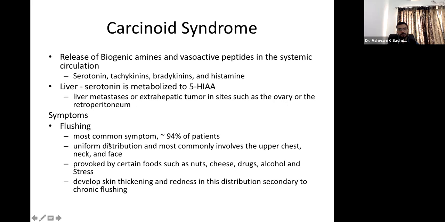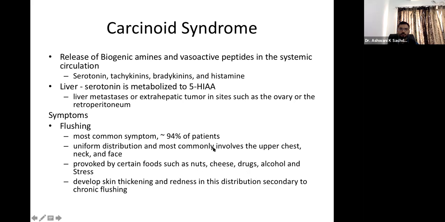So the various symptoms: flushing is the most common symptom. It is seen in about 94% of patients, and it has a uniform distribution over the upper chest, neck, and face. Certain things provoke the flushing of carcinoid syndrome: nuts, cheese, drugs, alcohol, stress.